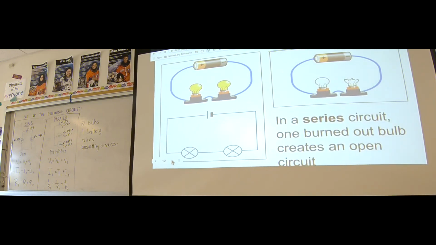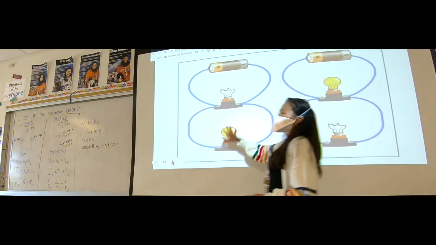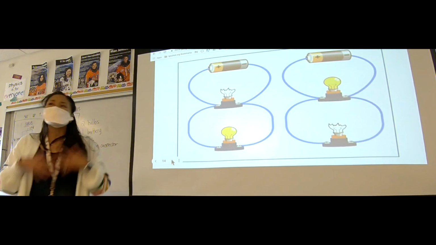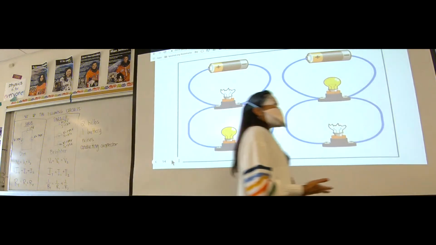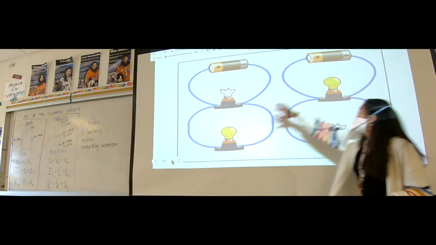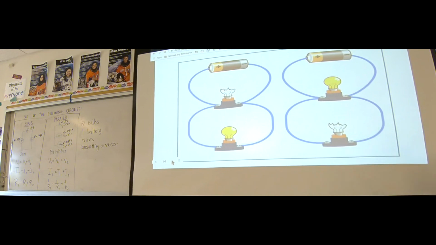So with parallel, you don't have that disadvantage because if one part of the circuit breaks, the other parts of the circuit still connect to the battery. And so there's no disruption in the energy or the flow of charges through this bulb, which is nice when you have one thing stop working, the rest of the things still continue to work.